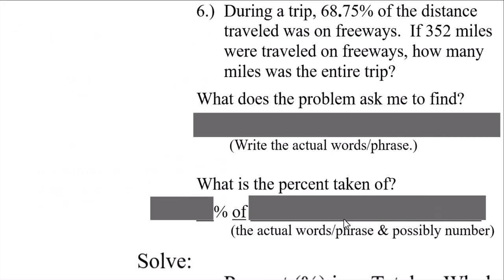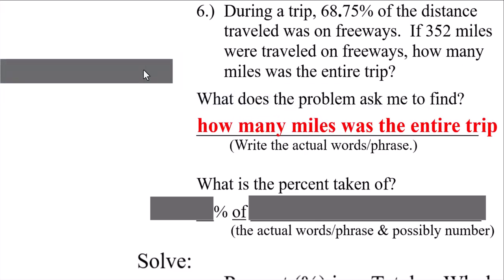And then problem number 6. During a trip, well, you already read the problem. What does it ask you to find? It said how many miles was the entire trip. Now, what's the percent taken of? We can clearly see that the percent symbol was in this first sentence, and it said 68.75% of the distance traveled.